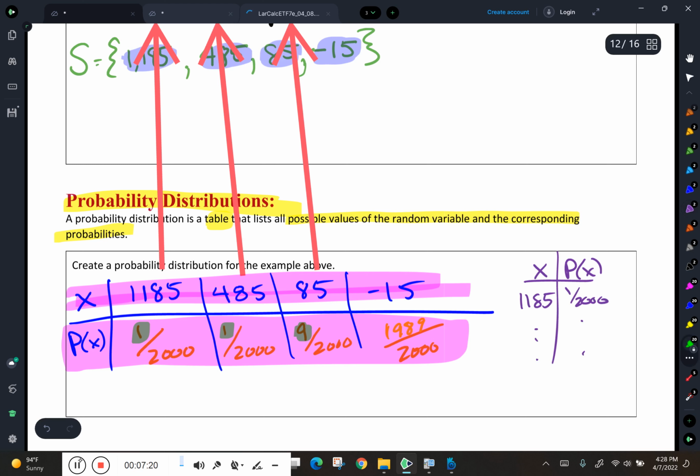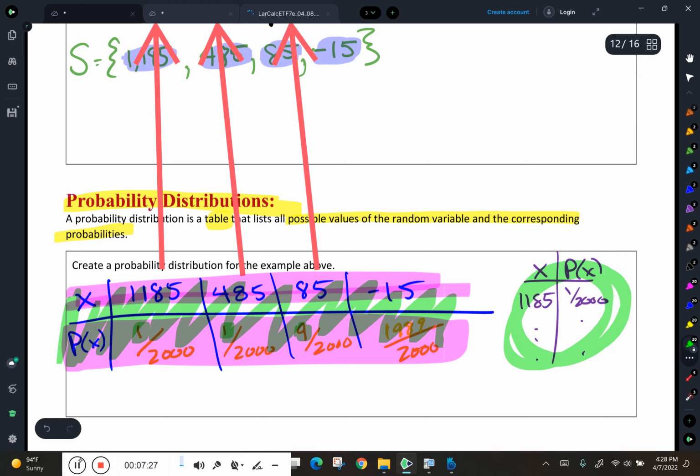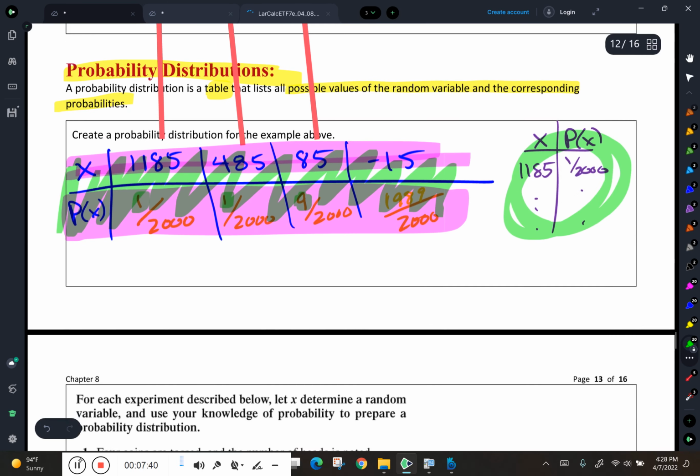I've almost always seen them drawn sideways like this, but I can't think of a reason why you couldn't do it vertically. It just needs to be a table that lists all those possible values for the random variable, and the probability.